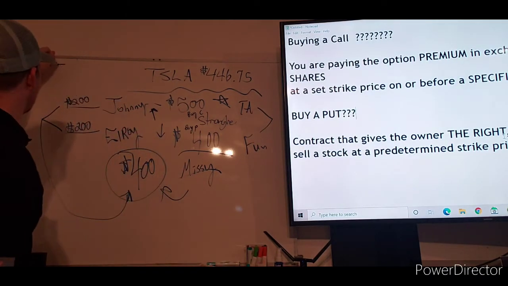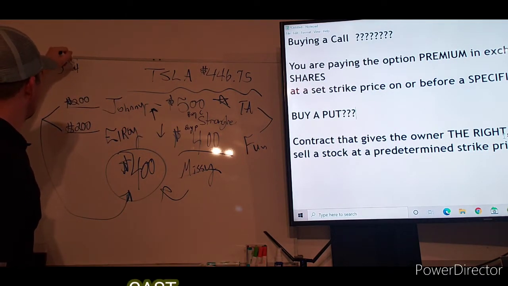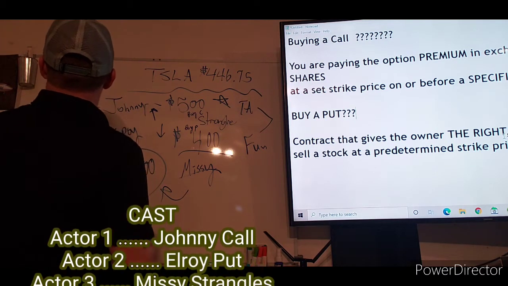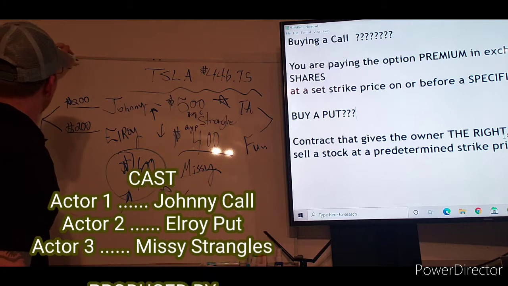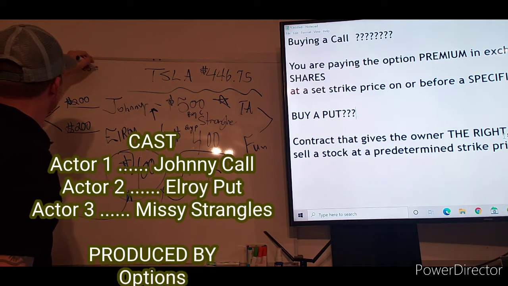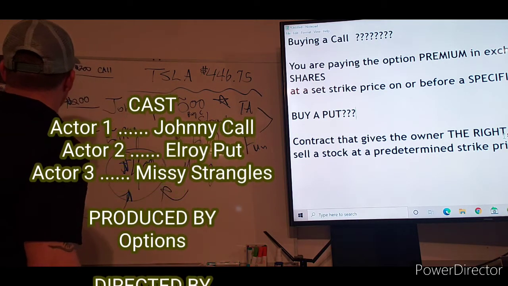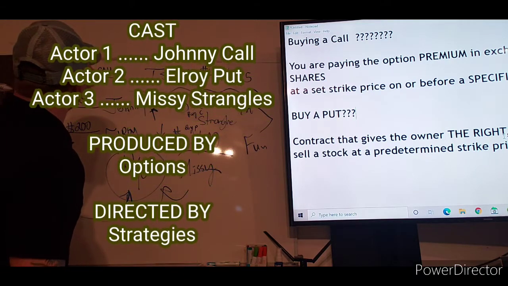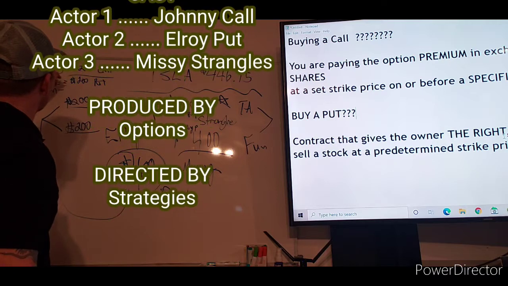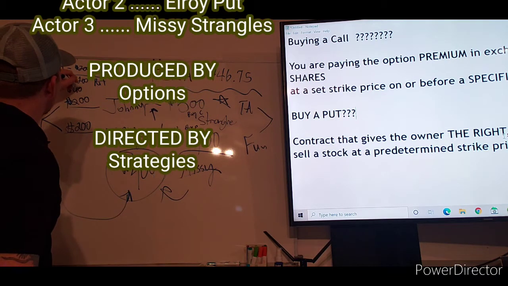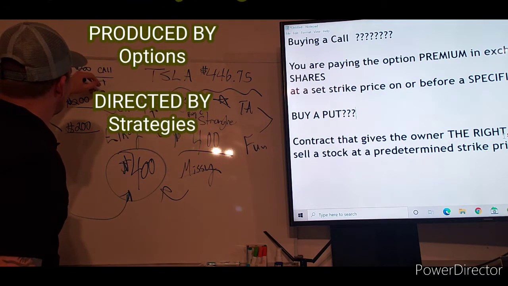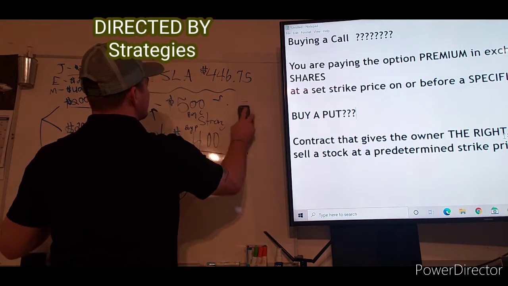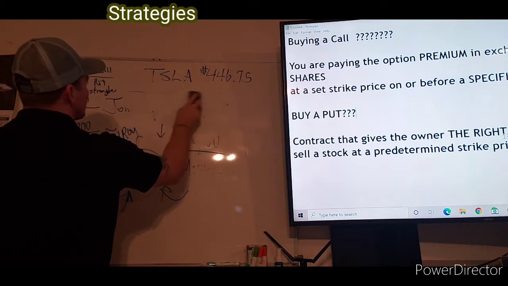Johnny's got his $200 call, Elroy has his $200 put, and Missy has her $400 strangle. Now we're going to get rid of all this. Oh, this blue really gets into the board.